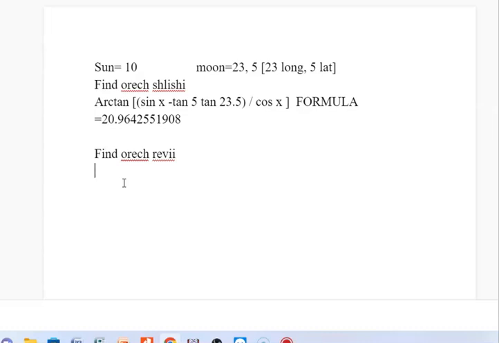But how do we find? This is a formula to convert. It's a long formula to get. The given is the point of an ecliptic, and we need to get a point of the celestial equator setting at that time.